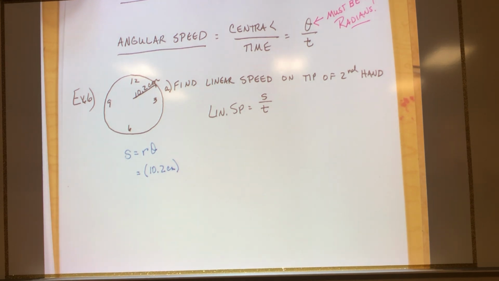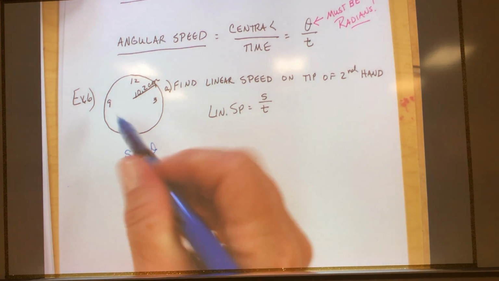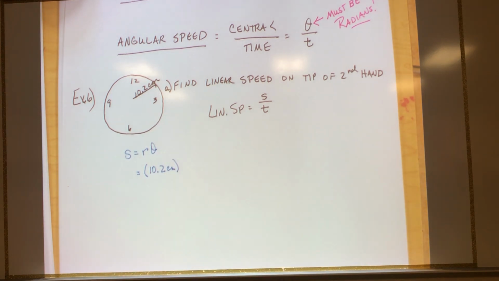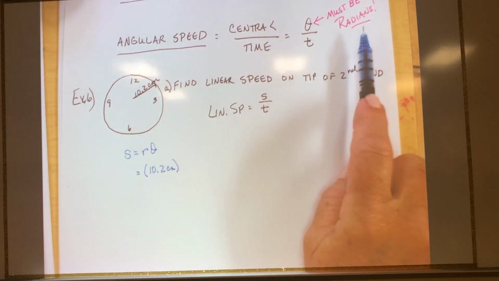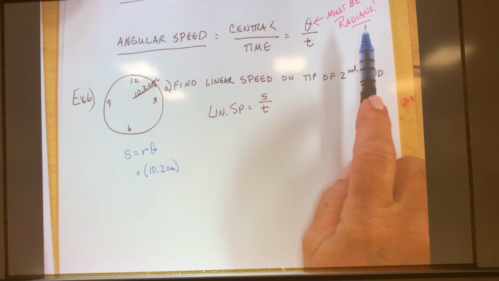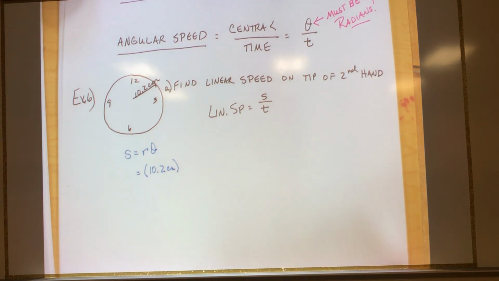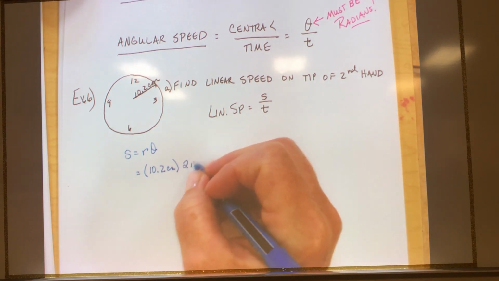So, what's theta? This is the second hand. Where does it go? All the way around. What is that? 360. Oh, 2 pi. Okay? Yes, you're right. It is 360, but you have to represent it in radians, so that is 2 pi.